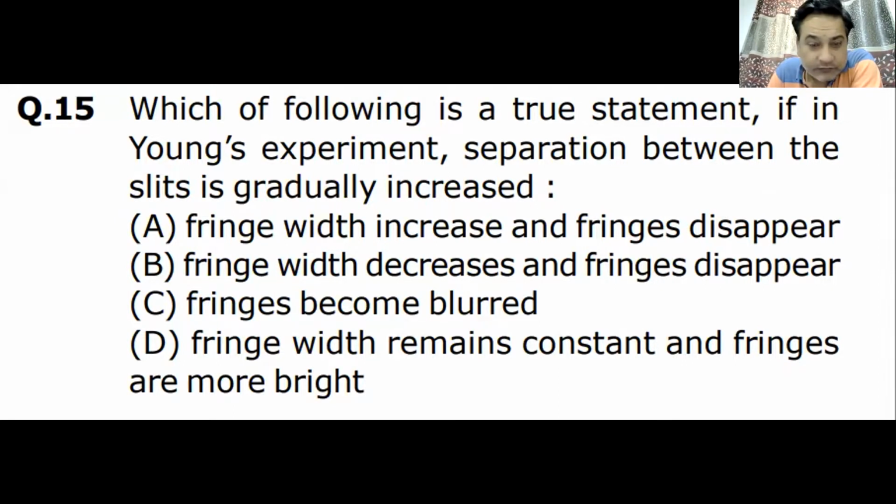B, fringe width decreases. It is inversely proportional to the distance. If the fringe width increases, your fringes will disappear because dark and bright fringes will disappear and you will not see much interference. Do we understand this? See, the questions are pretty simple.